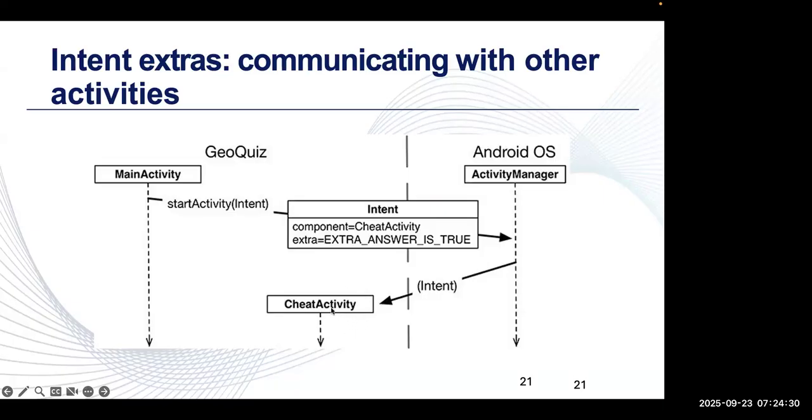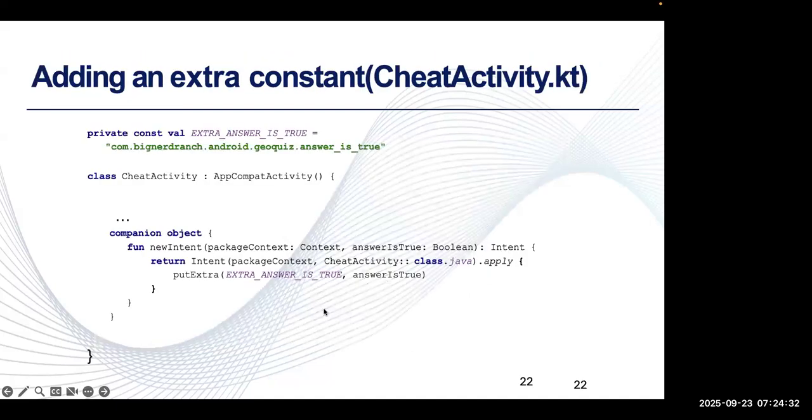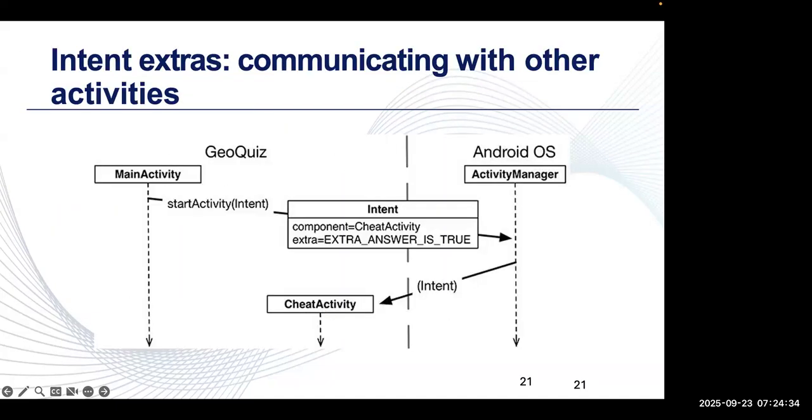And then when the cheat activity talks back, it's going to send another value. I don't have another diagram, so I'm just going to talk about this one. When we press the back arrow in the cheat activity, we're going to call an intent to go back to the main activity.